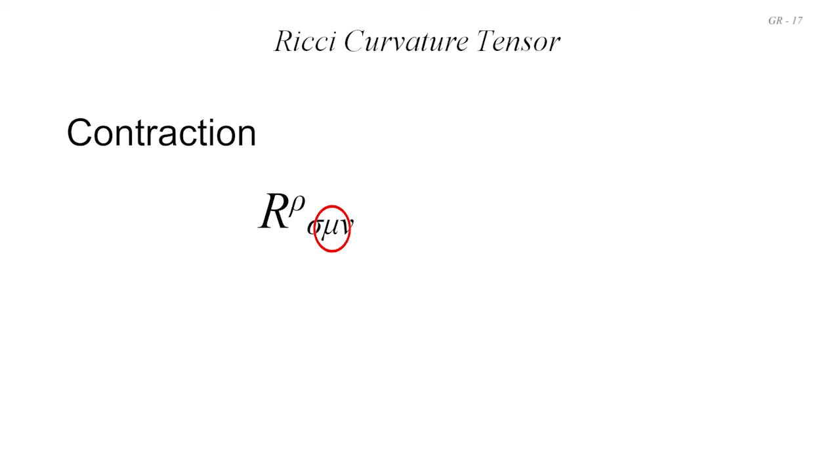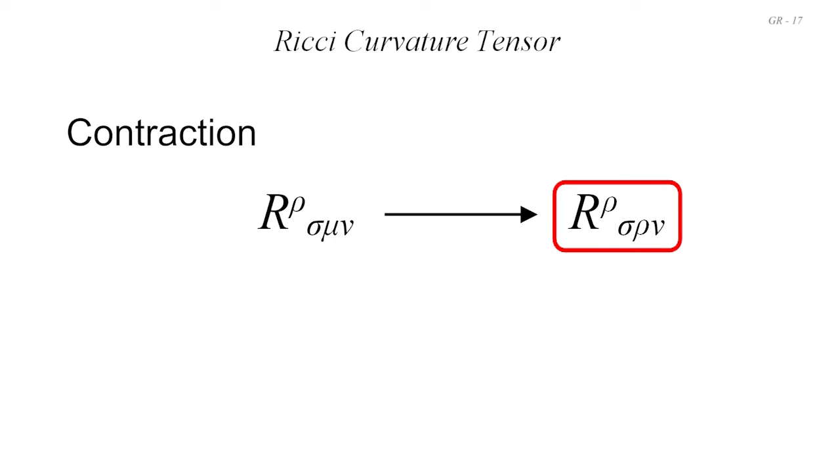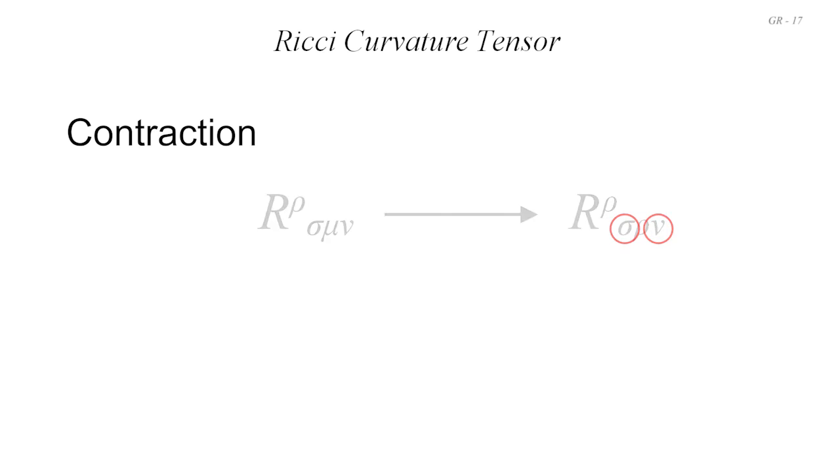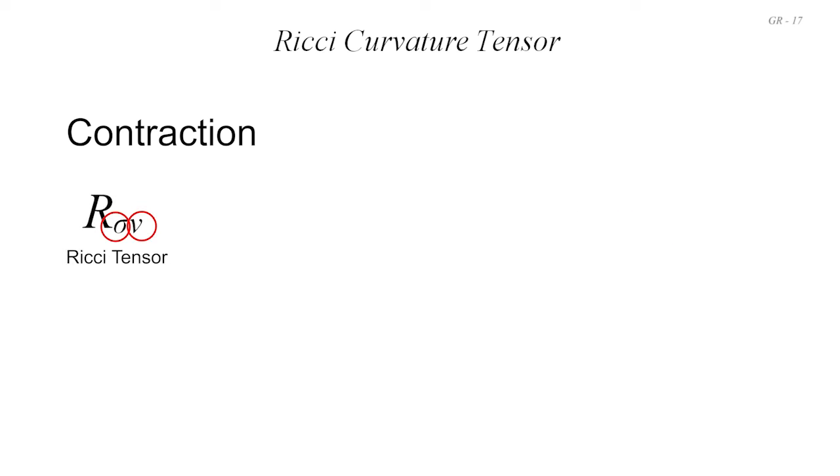In other words, we first set rho, the upper index, to be the same as mu, the third of the indices, and I'll call them both rho. That then implies that this expression must be summed over the index rho, and when that sum or contraction is done, it gives a 2-index tensor called the Ricci tensor, which we'll call R sigma nu.